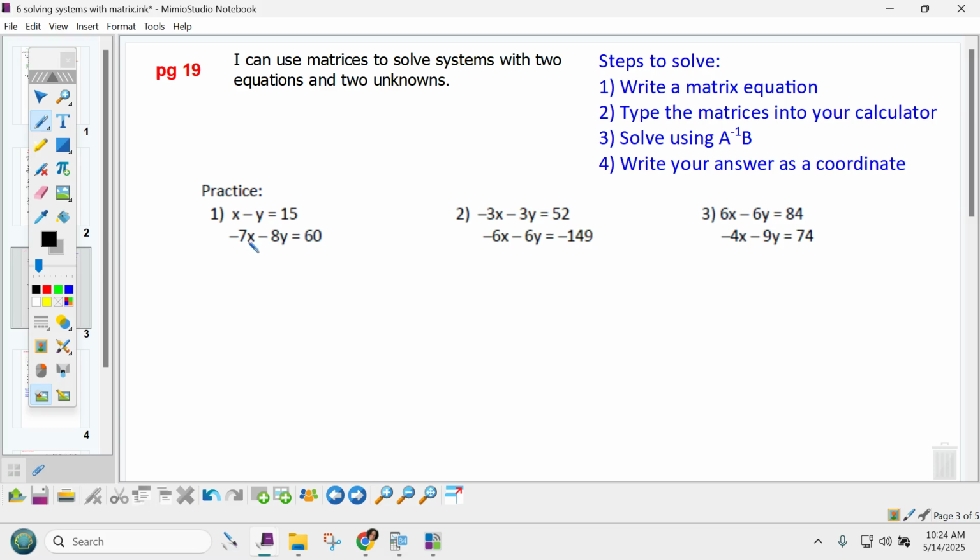Okay, so step 1 for problem 1, write the matrix equation. So I've got my coefficients, got my variables, and my answers.